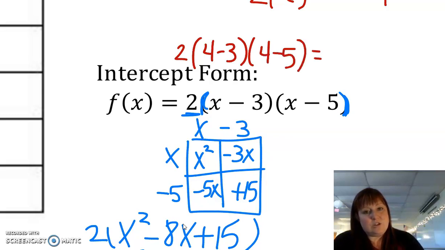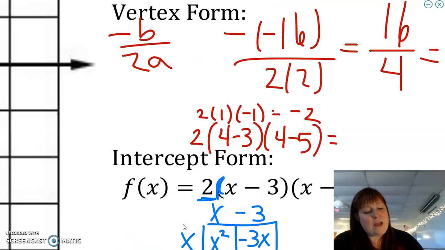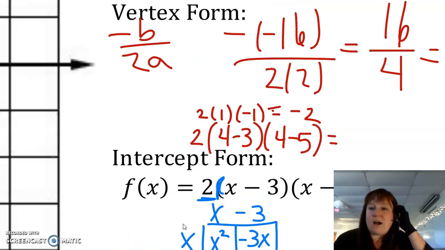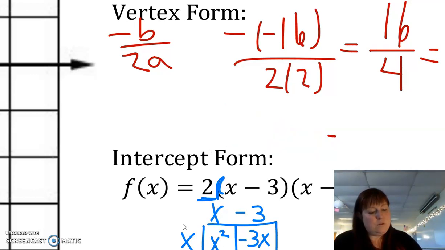So that's 2 times 1 times negative 1, which is negative 2. So when x equals 4, y equals negative 2. So our vertex is at 4, negative 2.